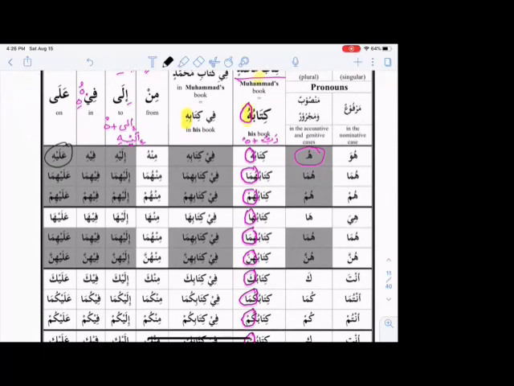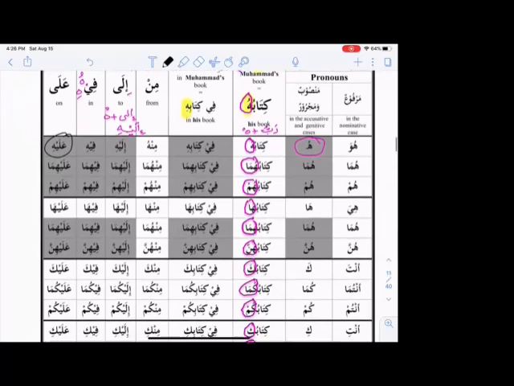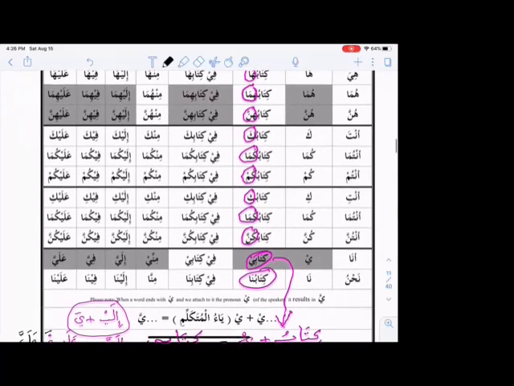Alayka, alaykuma, alaykum. Alayki, alaykuma, alaykunna. And then, my brother, alayya. And then normal. Alayna. Did you get the idea?